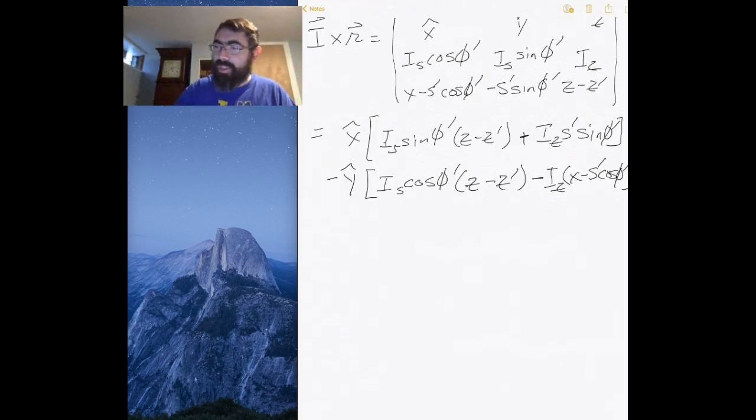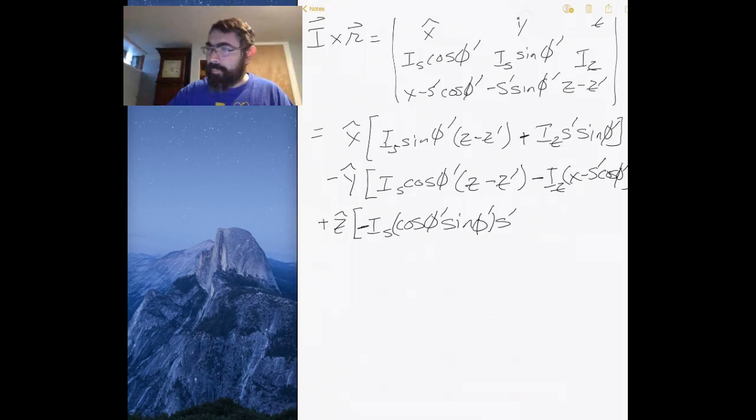I'm running out of space. And in the z direction, we would get i_s cosine phi prime minus sine phi, and then there's also an s prime in there, minus i_s x minus s prime sine phi prime cosine phi prime.